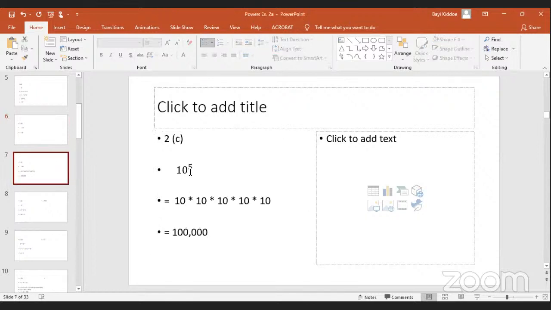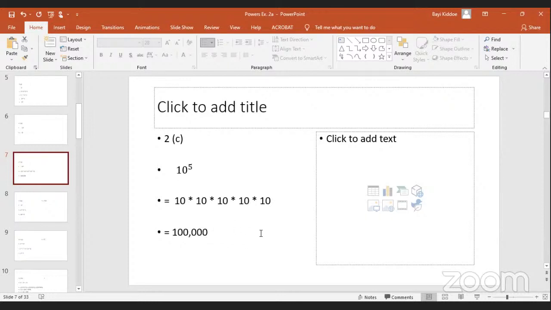Now 10 to the 5, right? That's 2C, 10 to the 5. 10 to the 5 is 10 times itself 5 times. So 10 times 10 times 10 times 10 times 10, right? Which is 100,000.